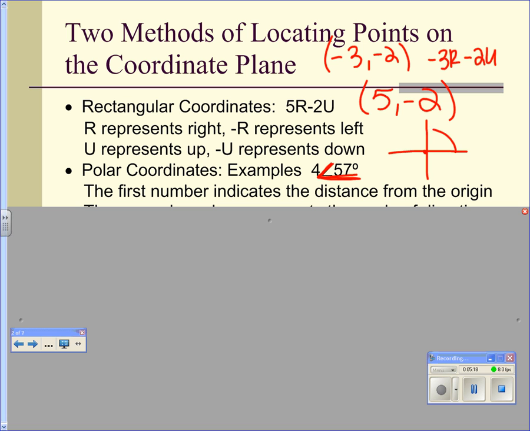It actually makes the circle. Those are all 4 units away, right? But there is only one that is 57 degrees. You start from the positive x side, and you just go up 57 degrees. They're all the same distance away, but it's a different angle.